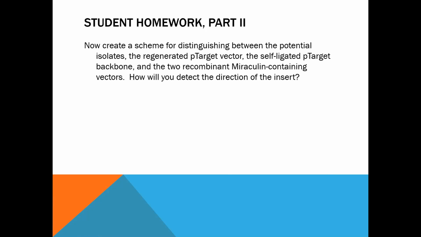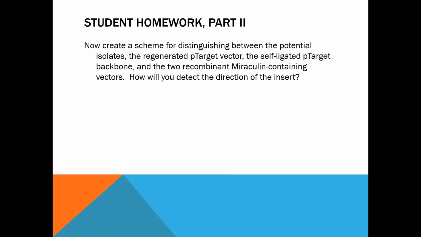That is where the 50 base pairs is inserted. The self-ligated p-target backbone, that's where there's no insert, it's just in by itself. And the two recombinant miraculin containing vectors, that's showing that you put in the miraculin gene one way and then you put it in going backwards.